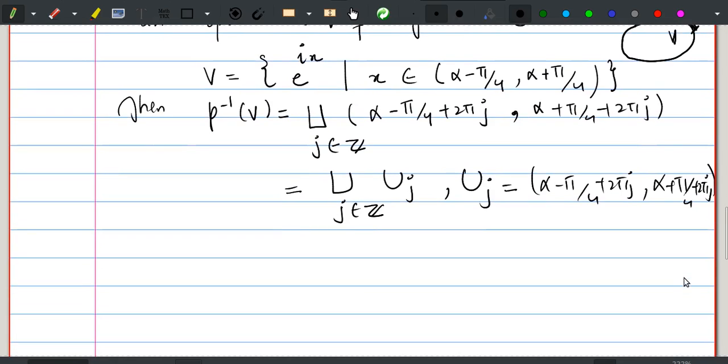So one can see here, if we restrict P over this U_j, what do we get? We get this interval over here, which is a union of disjoint sets.